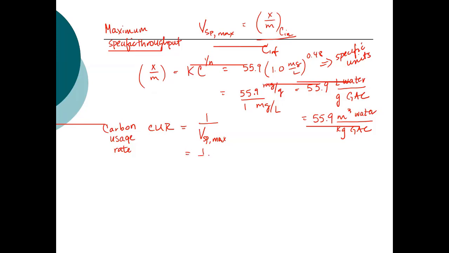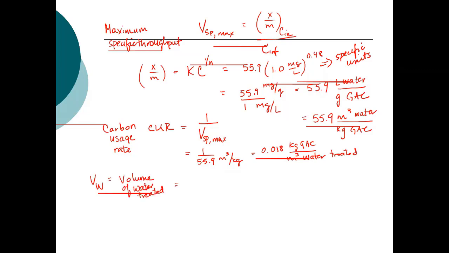So that is equal to 1 over 55.9 meters cubed per kilogram, or 0.018 kilograms of GAC per meter cubed of water treated. The volume of water that we treat is equal to VSP. Notice this is a max, because we haven't taken into account what's in the effluent. So that's why it's a maximum specific throughput.